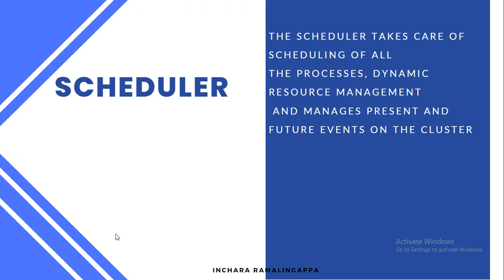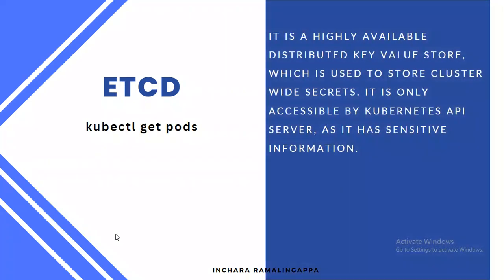If I go with the definition, the scheduler takes care of scheduling of all the processes, dynamic resource management, and manages present and future events on the cluster. So the scheduler just schedules the task: on which node should I create a replica, or a pod, or a container. That is the job of the scheduler.